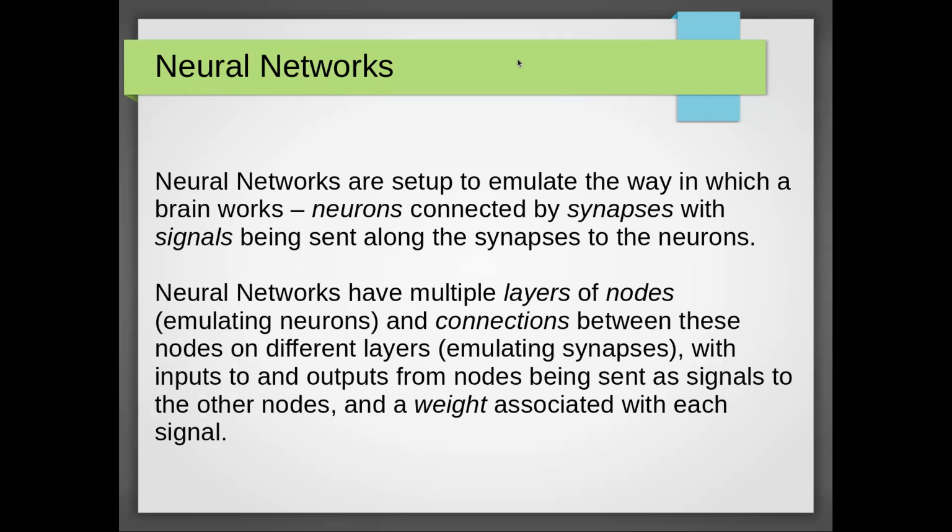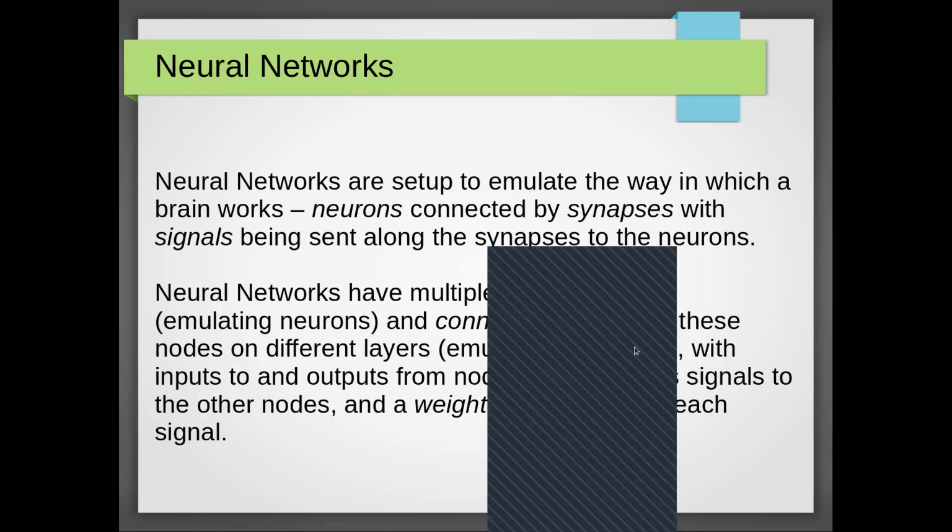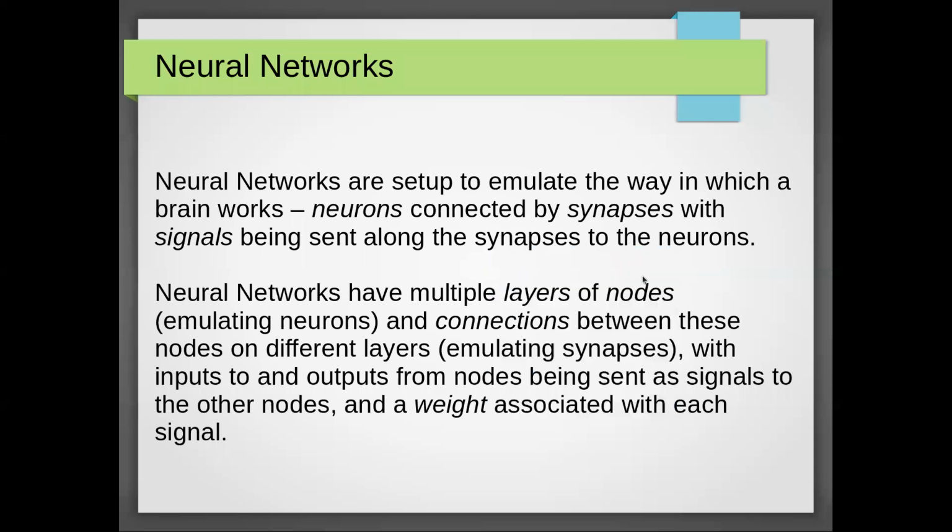And obviously if you want a more extensive explanation, we covered that in session 7D of the machine learning module 2. So basically neural networks use a kind of emulated structure of how the brain works, a simplification of how it works, where essentially you've got neurons connected by synapses with signals being sent along those synaptic connections.